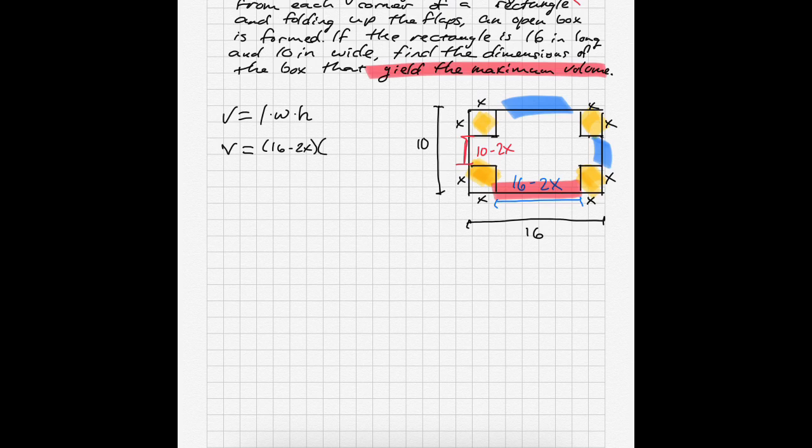It's a little hard to visualize. The width is going to be this 10 minus 2x. And what about the height? So when I fold up the sides, the height is going to be the length x, right?